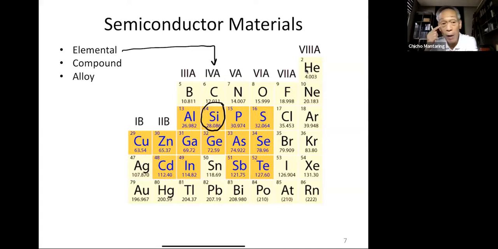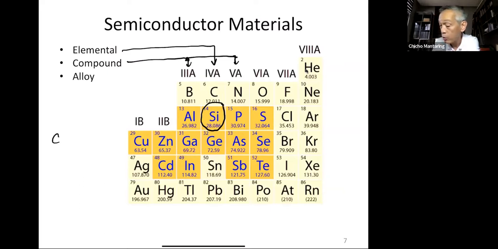Now, compound semiconductors: if you combine, for example, elements from group 3 and group 5 in your periodic table, that is a compound semiconductor. One of the most common types of compound semiconductor is a combination of gallium and arsenide.